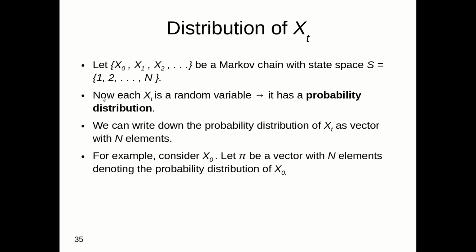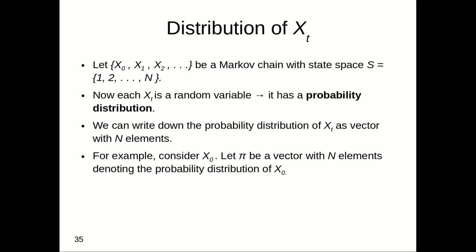Now, basically what happens is that each xt is a random variable, right? So the fact that it is a random variable means that it has a probability distribution. And we can write down the probability distribution of xt as a vector with n elements.